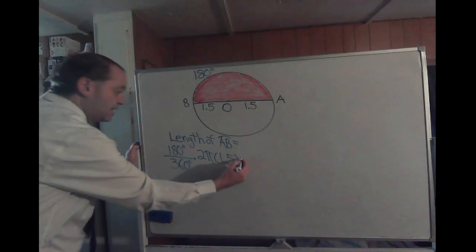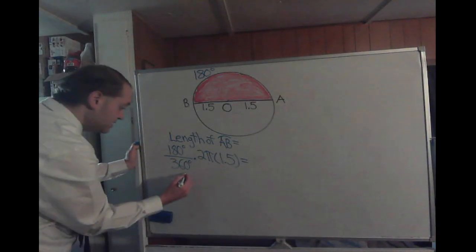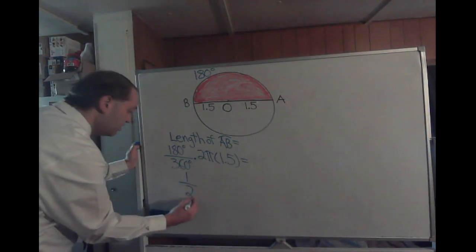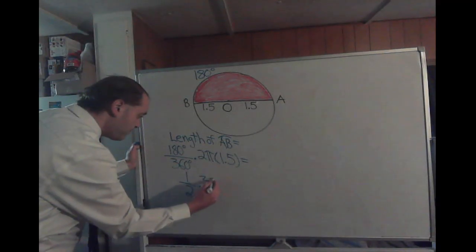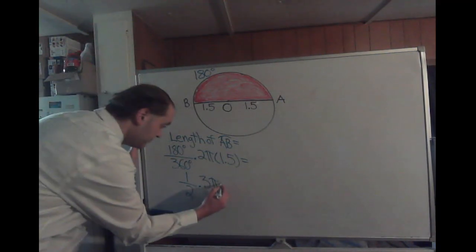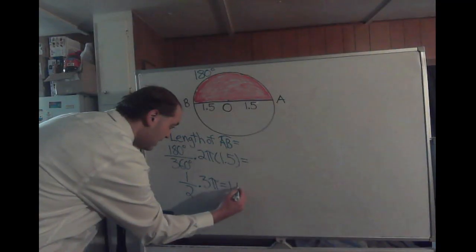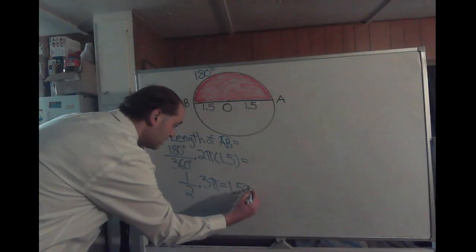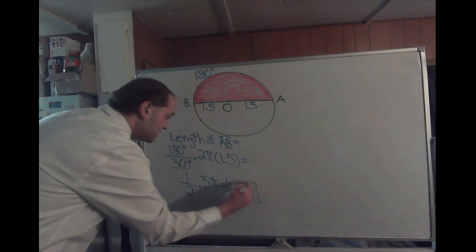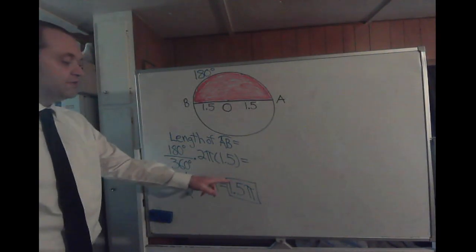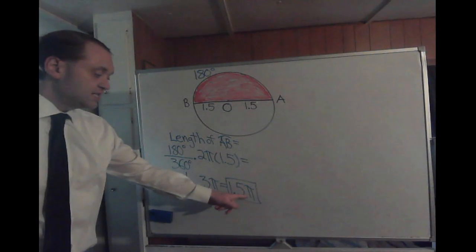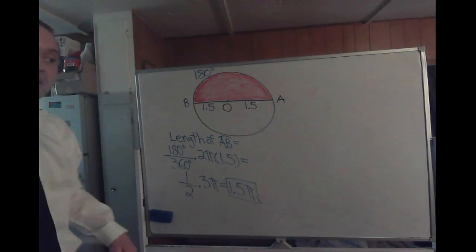Well, what's 180 out of 360? That's 1/2. So you'd end up having 1/2 times 3 pi, which would simplify into 1.5 pi. So the length of arc AB in this case would be 1.5 pi.